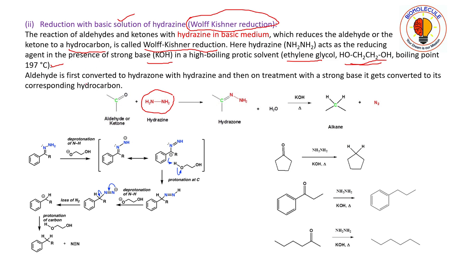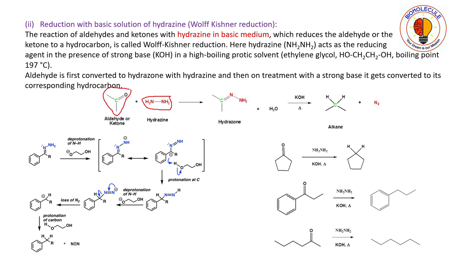So here the aldehyde is first converted to hydrazone. It may be aldehyde or ketone with hydrazine. Now recall the reaction of aldehydes and ketones with ammonia derivatives, that is aldehydes and ketones react with hydrazine to give you hydrazone.